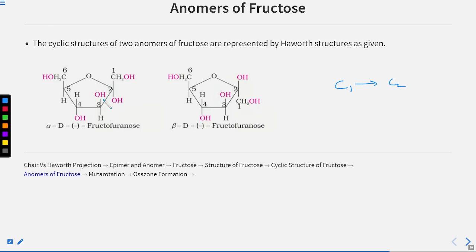If it has attacked on C2, then we look at the C2 carbon. Here the OH has attacked the C2 carbon rather than C1 because the group was ketonic. Okay, clear? Now, the definition is the same, no difference in that. If the OH group is on the downside, then it is alpha. If the OH is going on the upside, it is beta. Okay, got it? So this was about fructose.